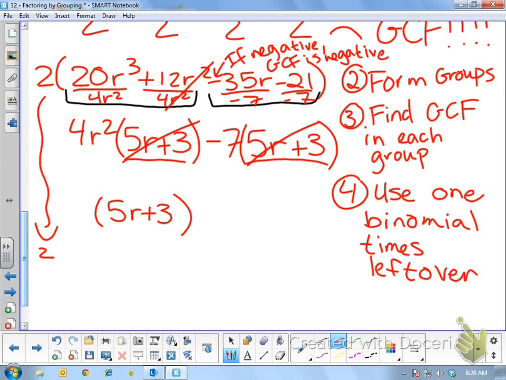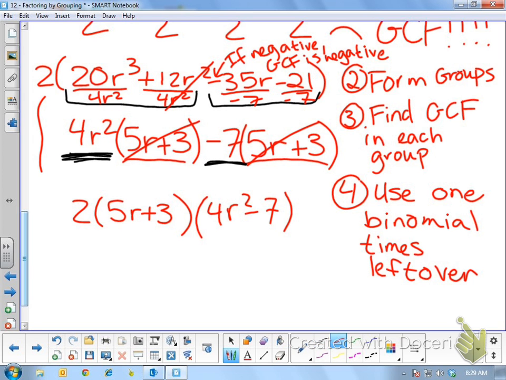Then we take anything that was left over and put it in our second parenthesis. We have 4r squared left over. We have minus 7 left over. So we have 4r squared minus 7. And then I moved my 2 down too low. The 2 should be in front of everything.